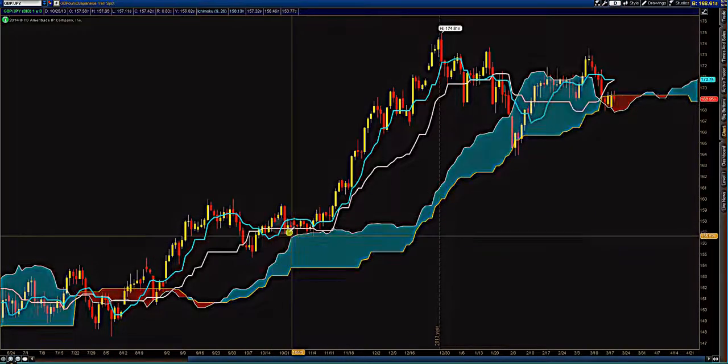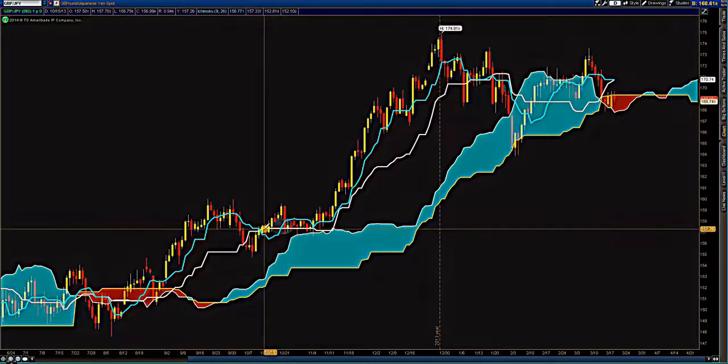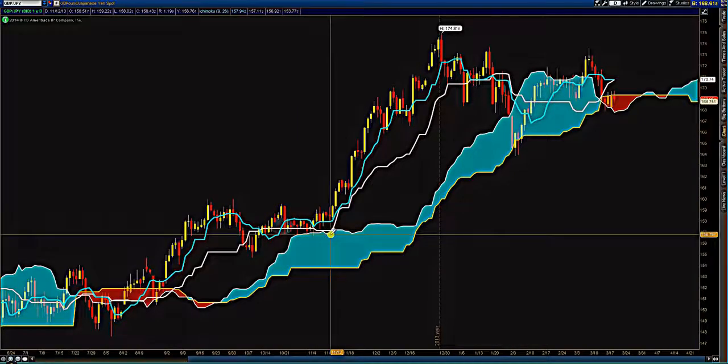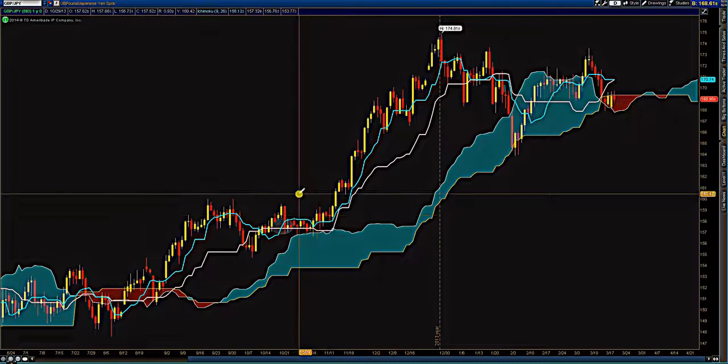Why I like this is, one, we have a flat Kijun. All right. Now, flat Kijun represents basically there is no trend in the market as of right now. All right. Inexperienced traders want to stay away from a flat Kijun, pretty much because you want an established trend before making a trade.